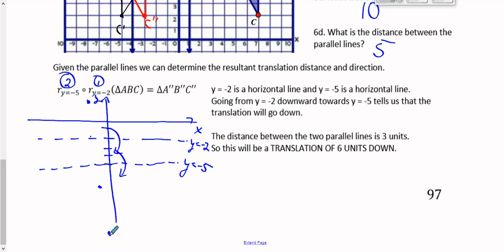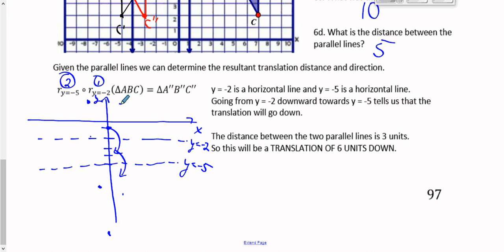Did it still move down at the end of it? It did, right? Okay. What if we change the order? What if we started here and reflected in y equals -5 first? And then reflected in y equals -2. So you see the up-down depends on the order in which you reflected it.